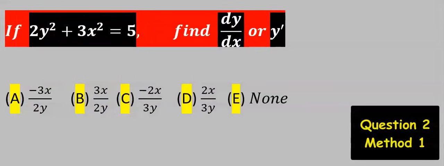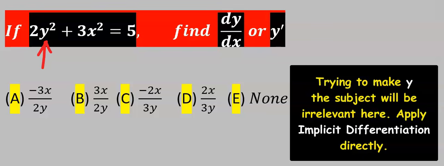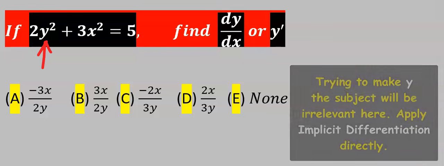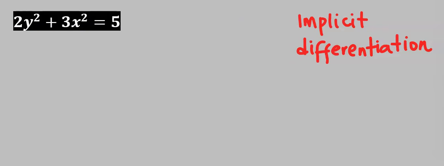Next, consider this question. It won't be possible to make y the subject in some questions. Hence, we are going to apply implicit differentiation directly. Applying implicit differentiation, differentiate 2y, and you're going to get 4y.